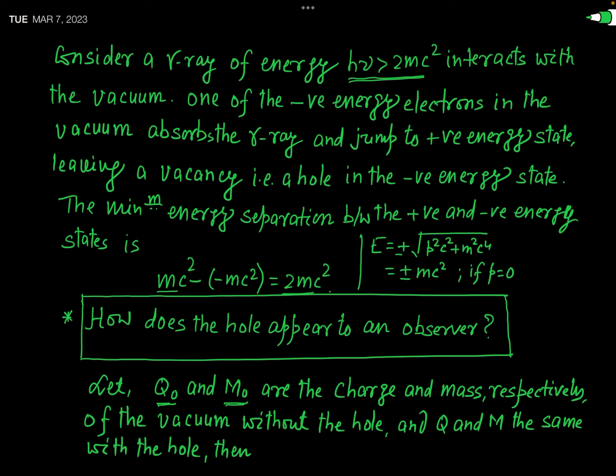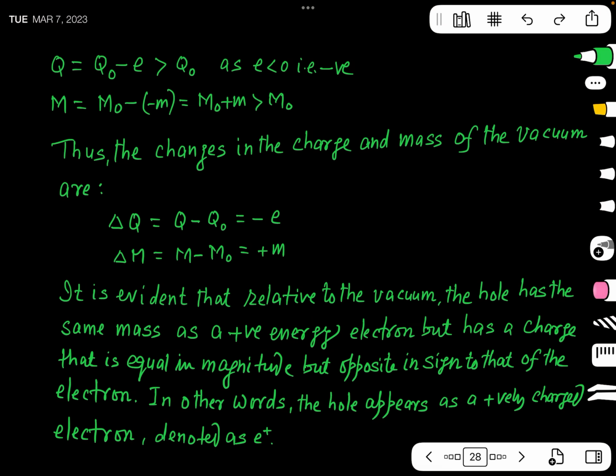But when the hole is created, that is, after interaction with the gamma photon, when an electron gets transferred from the negative energy state to the positive energy state, the charge and mass of the vacuum, that is the negative energy state, are changed. Let us consider that after creation of the hole, the charge of the vacuum is Q and its mass is M. Now what will be these Q and M, you can easily understand.